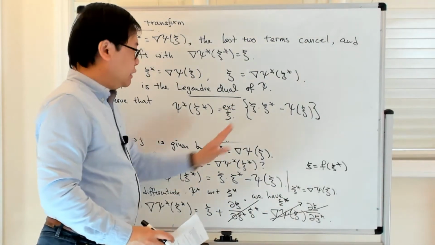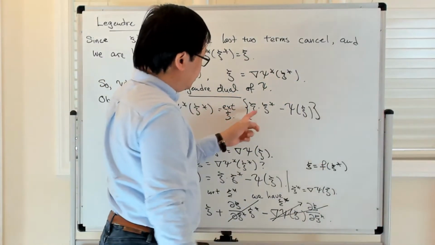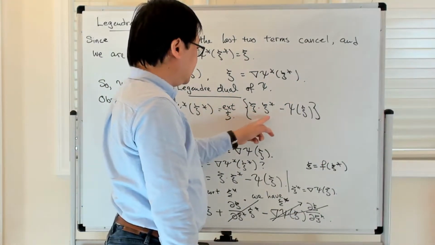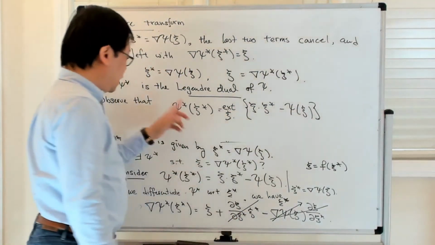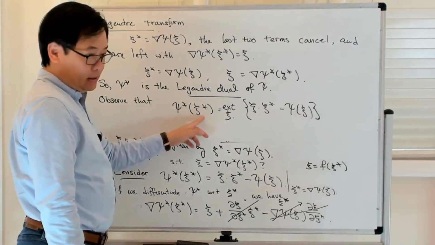Another way to think about this is that inside the parentheses you have something which depends on c and c star, but the left-hand side only depends on c star.